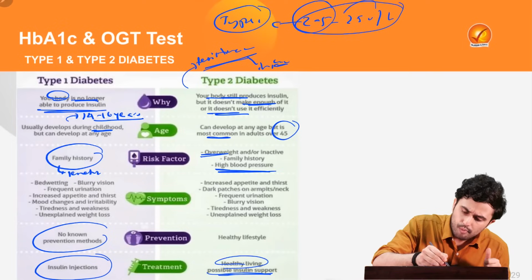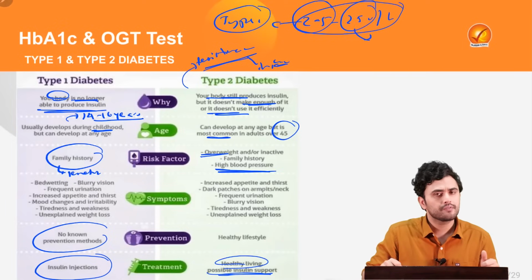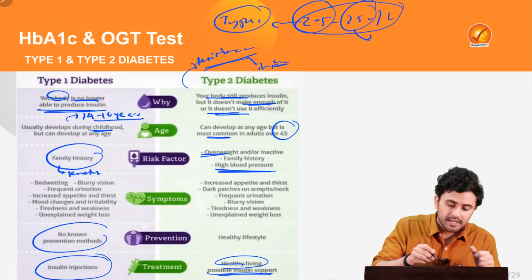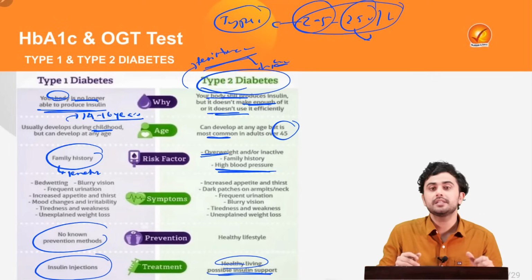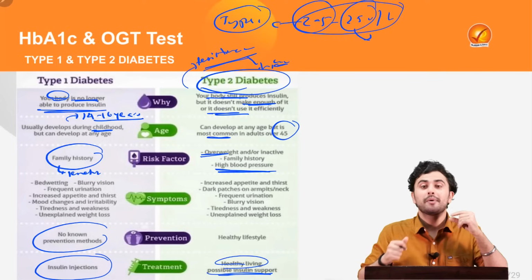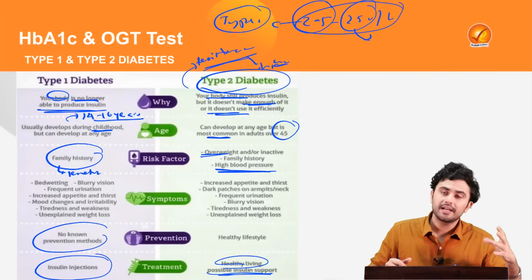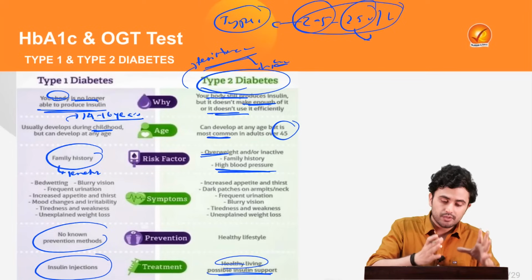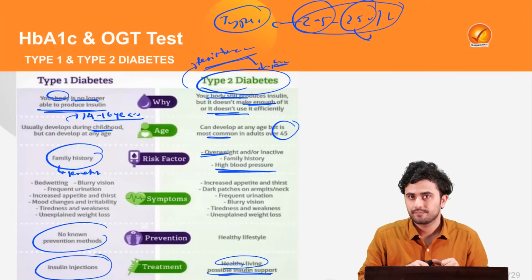But if you have more than 25 units of insulin in your body, it means that you have type 2 diabetes. Basically, your body is producing a lot of insulin, but it is not able to use it because of insulin resistance.